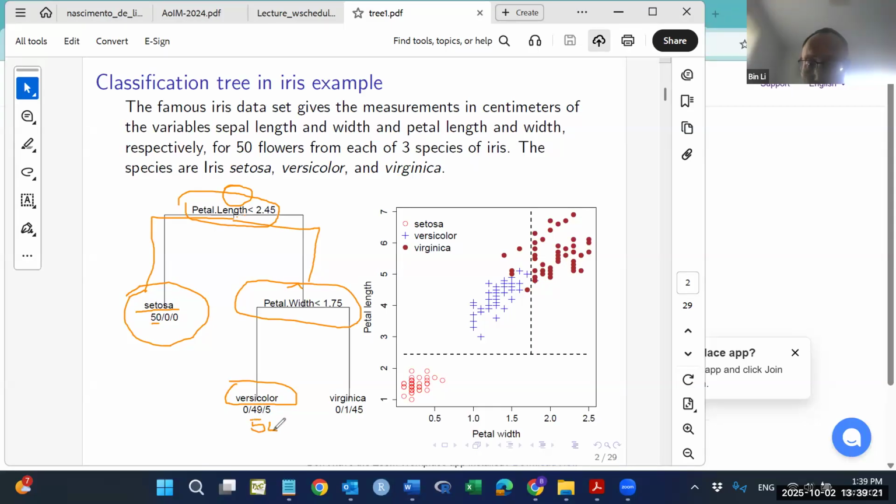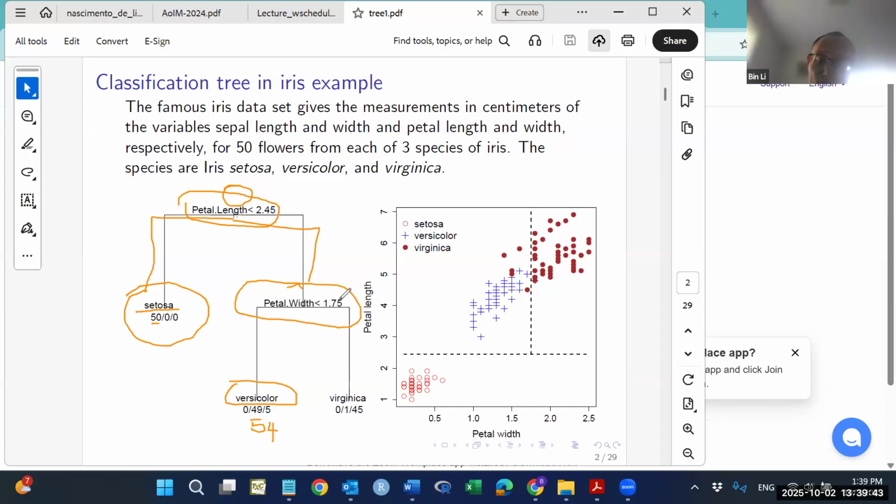Among these 54, 49 of them are versicolor, so we predict versicolor. There are 5 that actually belong to virginica, but to do the prediction at this node, we prefer to use versicolor.